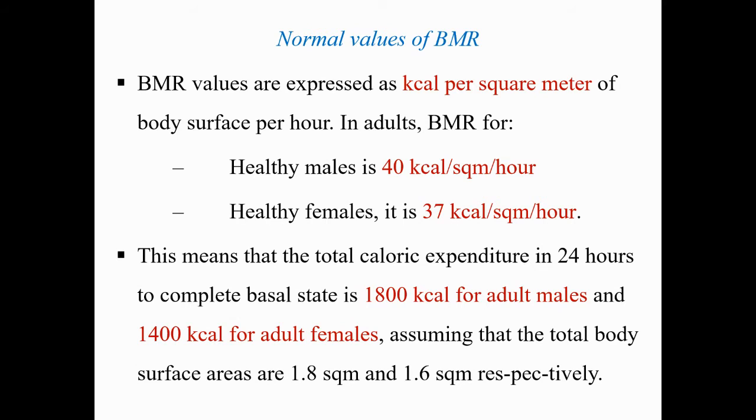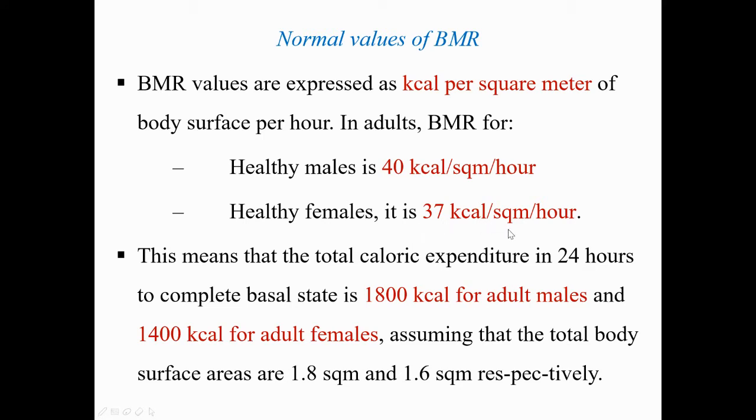This means the total caloric expenditure in 24 hours in the complete basal state is about 1800 kilocalories for adult males. For healthy males it is 40 kilocalories per square meter per hour, and for healthy females about 37.